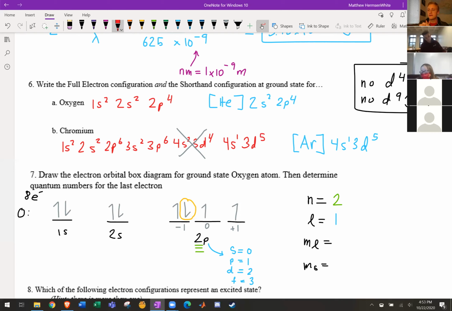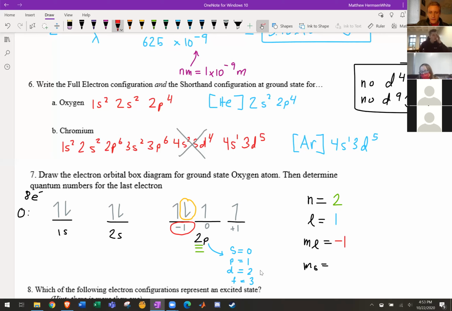When you're asked for a quantum number, you're supposed to choose which of those it is. In this case, it would be -1 because the last arrow we drew is in the -1 box number. So ml is equal to -1. It's the box number of the last electron.